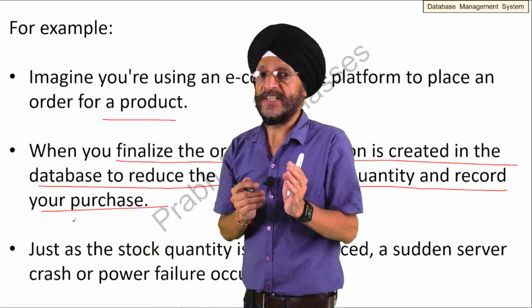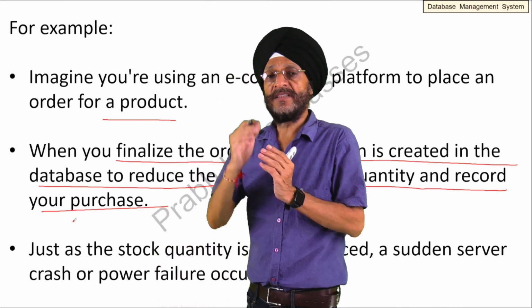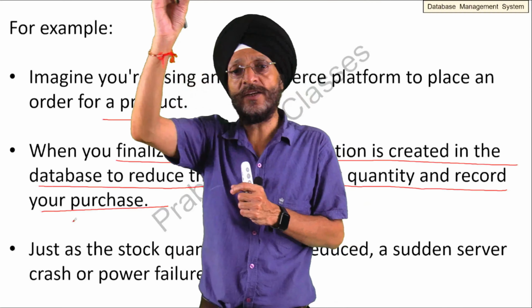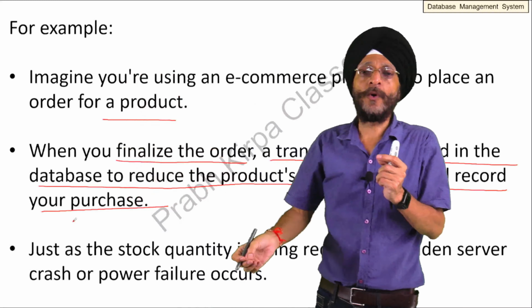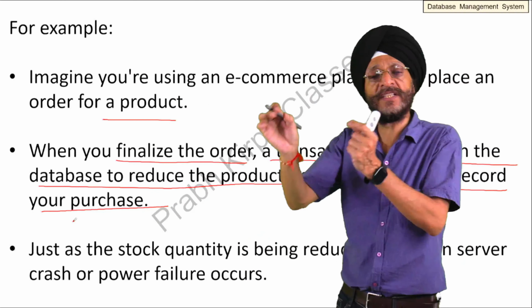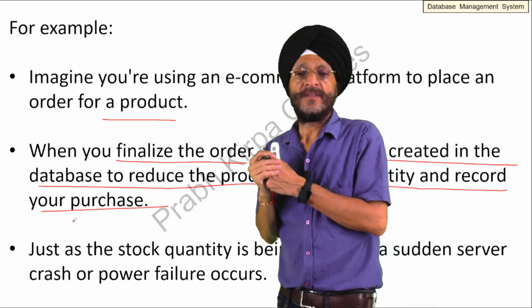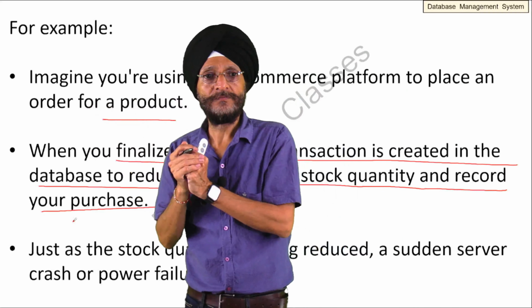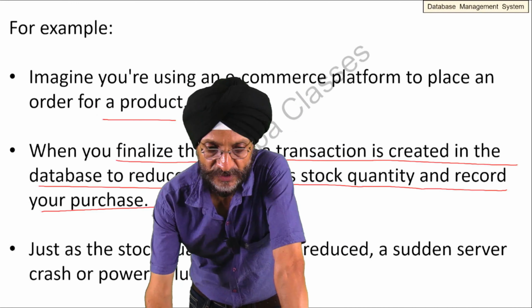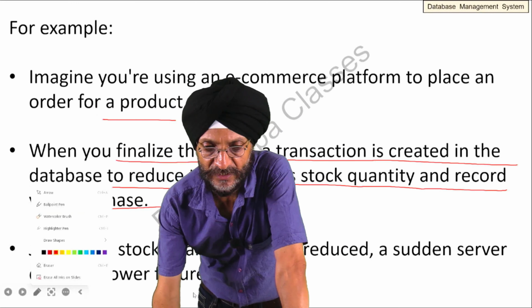When you have purchased the item, the DBMS has to ensure that the quantity purchased by you is reduced from the inventory of the online site. So when the inventory was to be updated, the power goes off or a sudden server crash occurs.